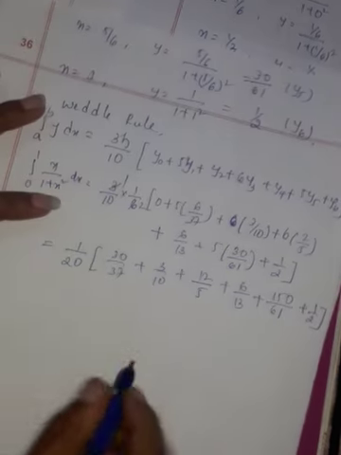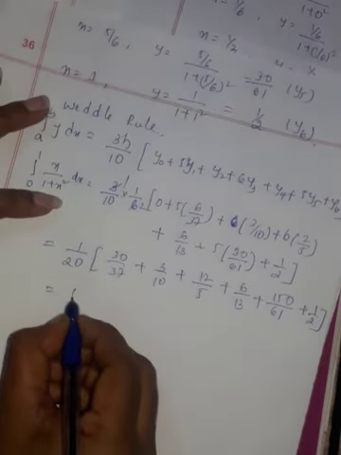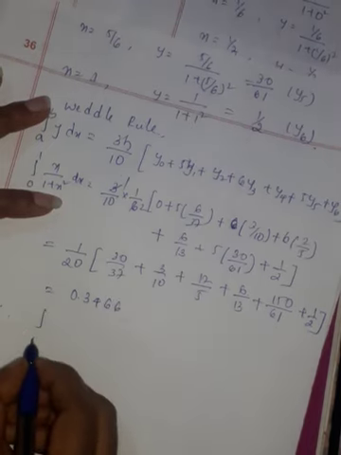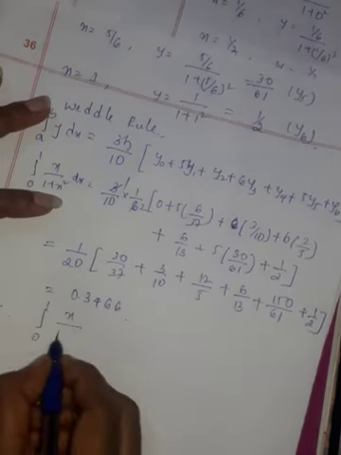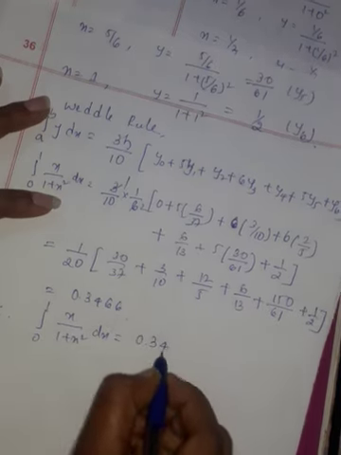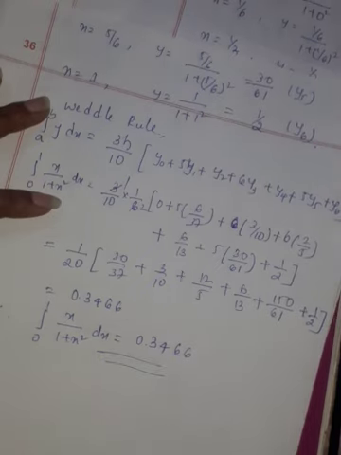If you simplify this one, you will get the value 0.3466. Therefore, integration from 0 to 1 of x divided by 1 plus x square dx is given as 0.3466. This is our required value.